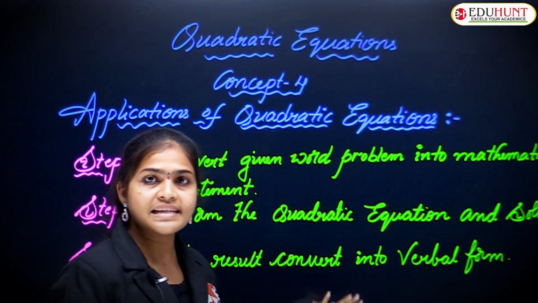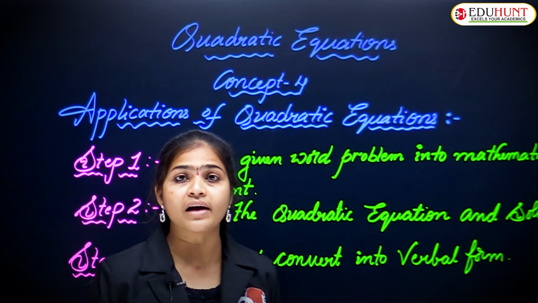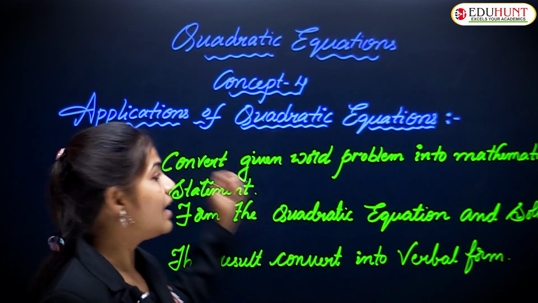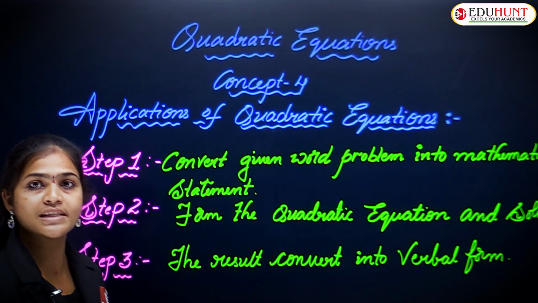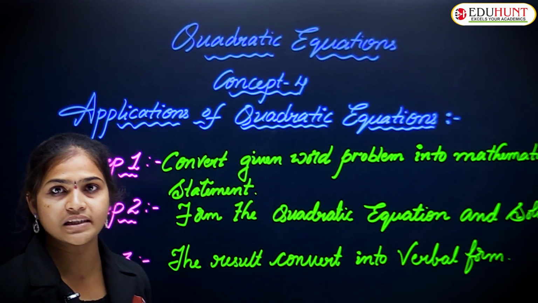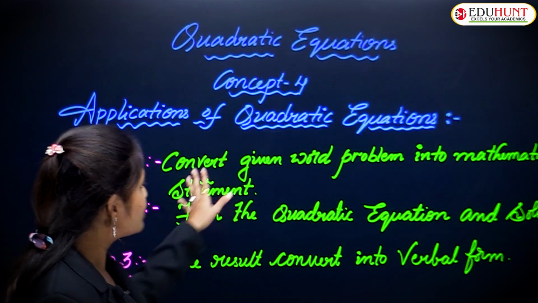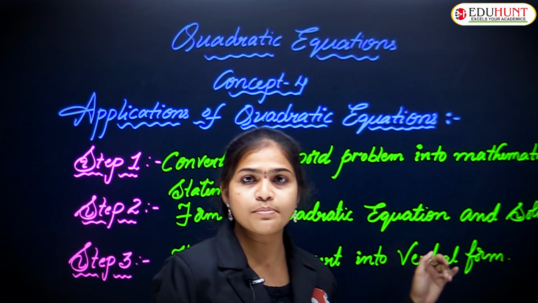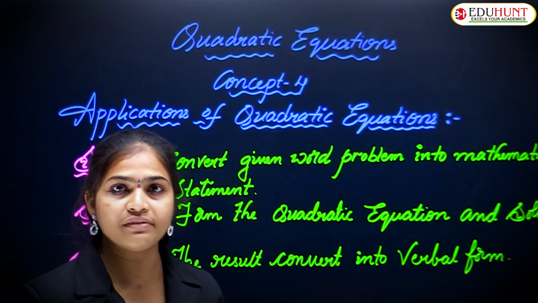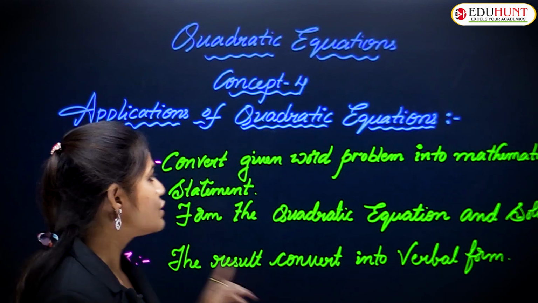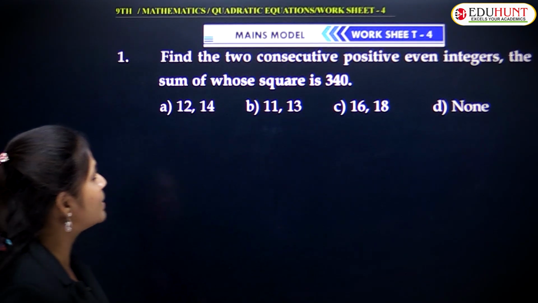So these 3 steps we have to follow while simplifying applications of quadratic equations. From here onwards, using these 3 steps, we will solve the problems given in worksheet 4. So let us see the worksheet 4 problems.